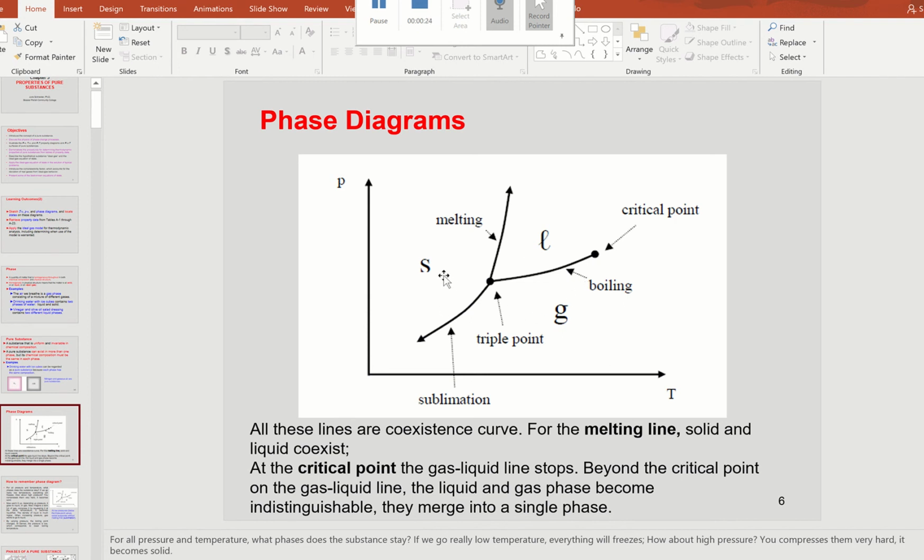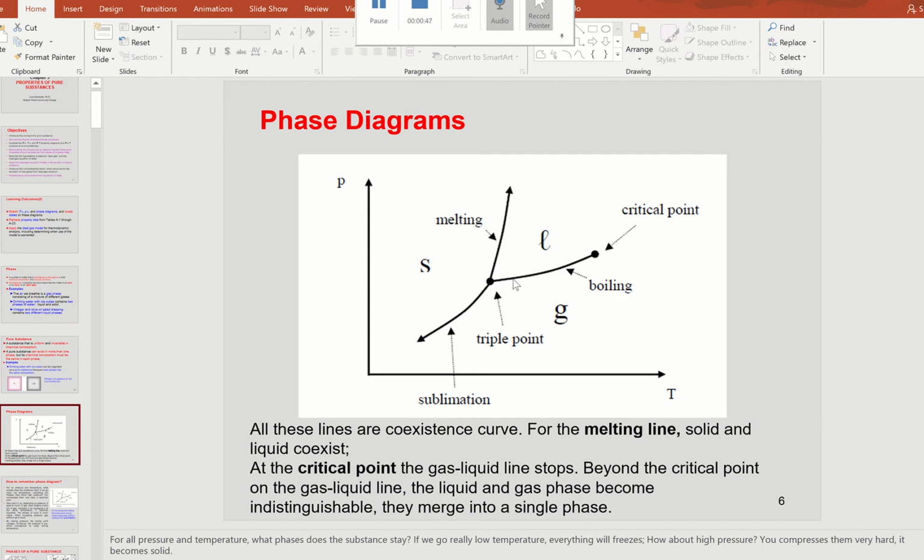For example, when solid melts to liquid, or liquid freezes back to solid, that's the melting line. Okay, so that's when solid and liquid coexist. Then you have liquid to gas, or gas condensing back to liquid, liquid evaporating to gas.